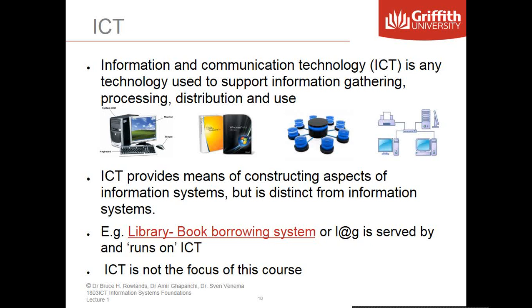So the ICT provides a means of constructing aspects of information systems. It's distinct from the information systems themselves, and it's not the focus of the course, so we can kind of ignore it, which is kind of nice, right? It gets rid of a lot of the technical details that are interesting, but not necessarily appropriate when you're talking about the human activity system itself, right?